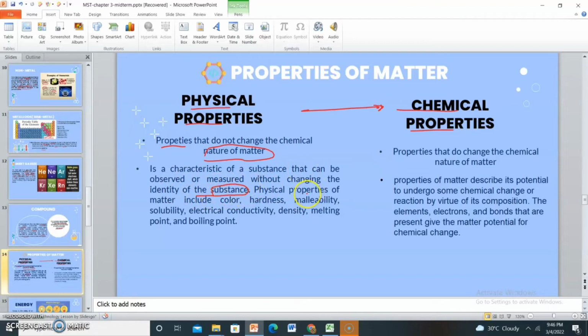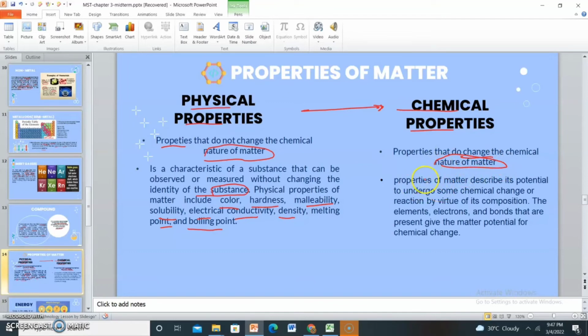Physical properties of matter include color, hardness, malleability, solubility, electrical conductivity, density, melting points and boiling points. In short, pag physical properties, hindi siya nagbabago na identity, any color or electric conductivity na the same. Unlike sa chemical properties, the properties that do change the chemical nature of matter.